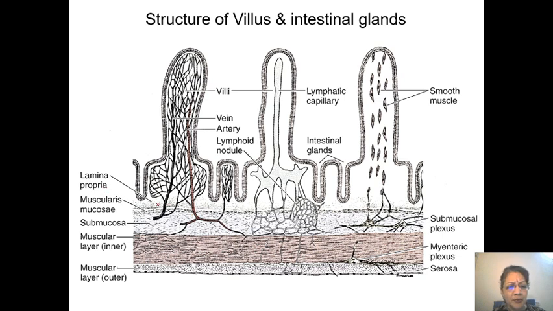So the lamina propria is here. The muscularis mucosa, if you remember, these three: epithelium, lamina propria, muscularis, are the three constituents of any mucosal surface of the entire digestive tract. That's the plan of the entire GIT. So muscularis in this diagram is not shown, but remember muscularis also goes into the core of the villus, and then beneath that is the submucosa.